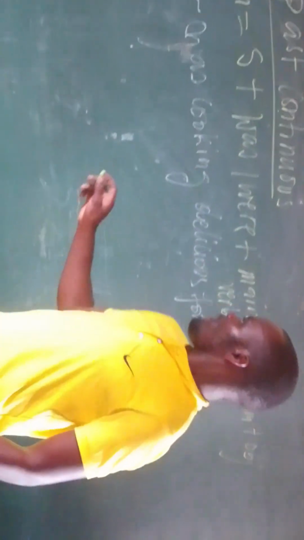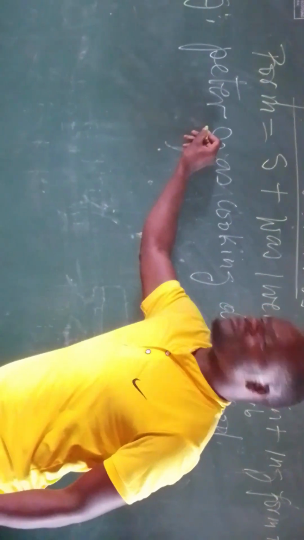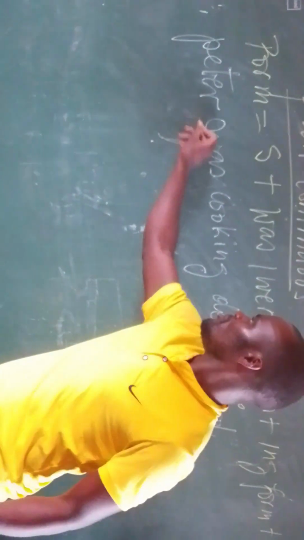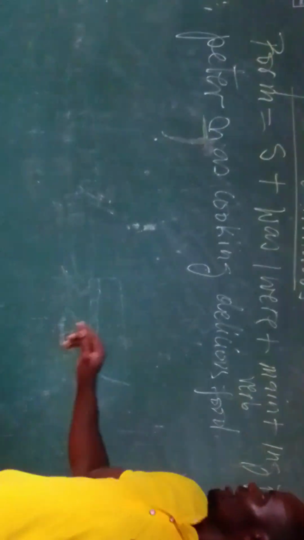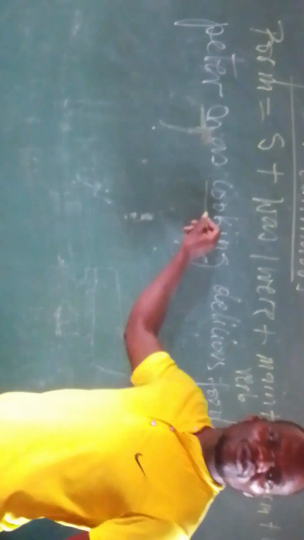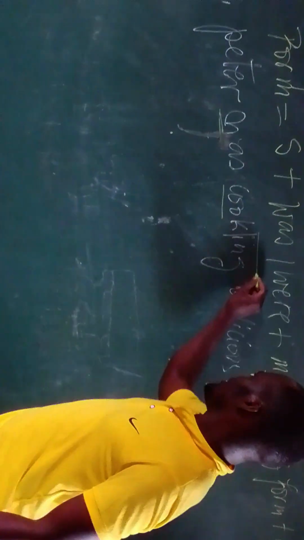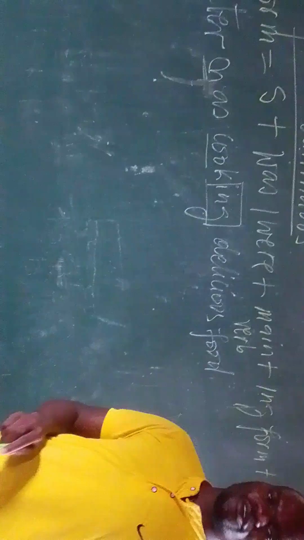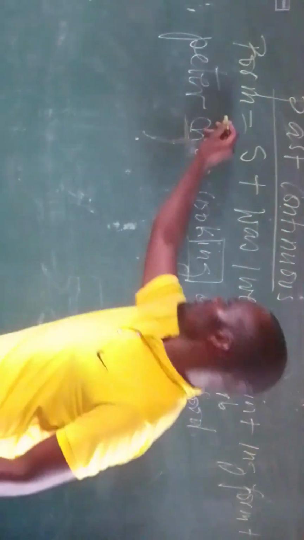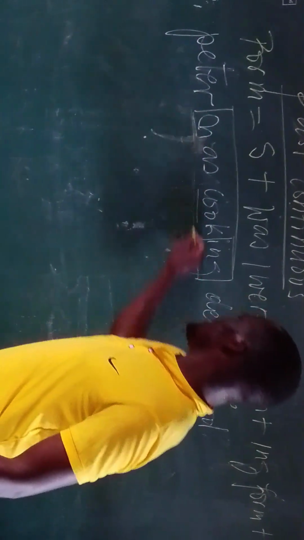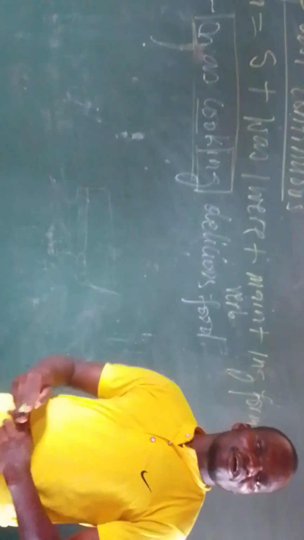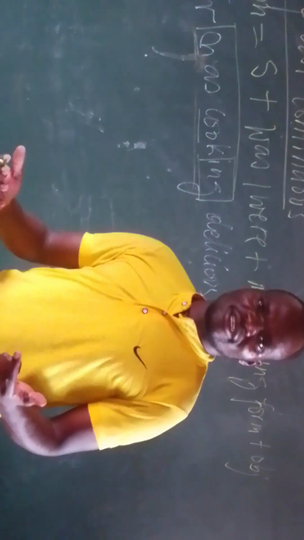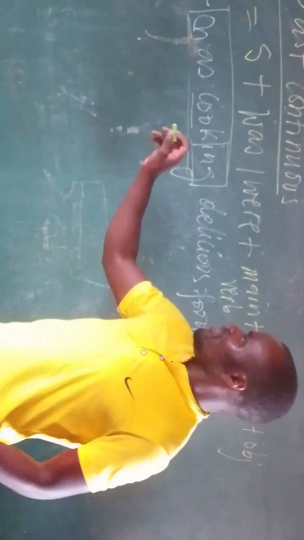You see, we have the verb to be in simple past. We have the main verb to cook, with the ing form added. This one is a form of past continuous tense.